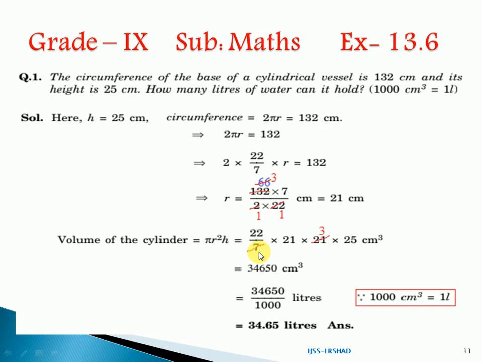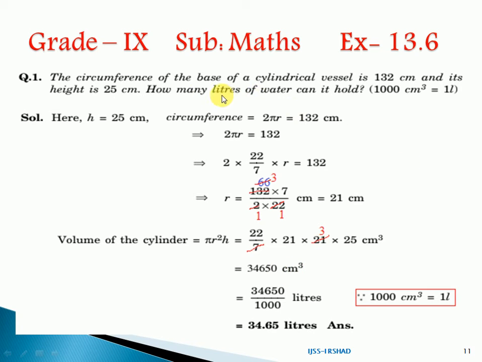So pi's value you know 22/7, r you got from here 21, so r square, 2 times you can write 21 into 21, and height is 25. Now you can solve it by 7, you can cut this 3, then you can multiply 22 by 21 by 3 and by 25, you will get this much centimeter.